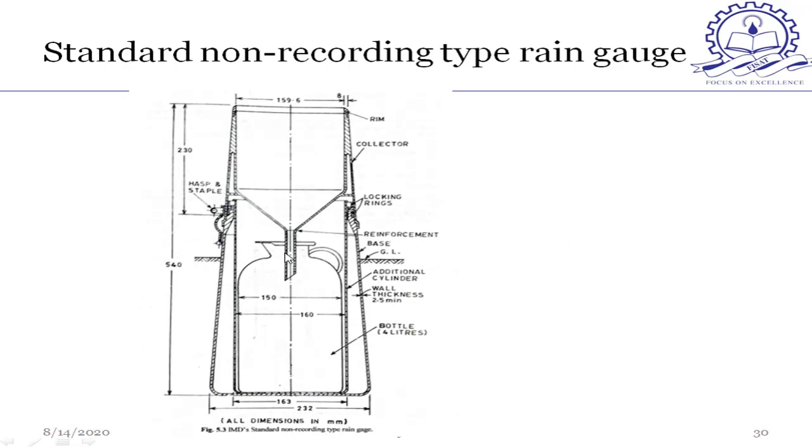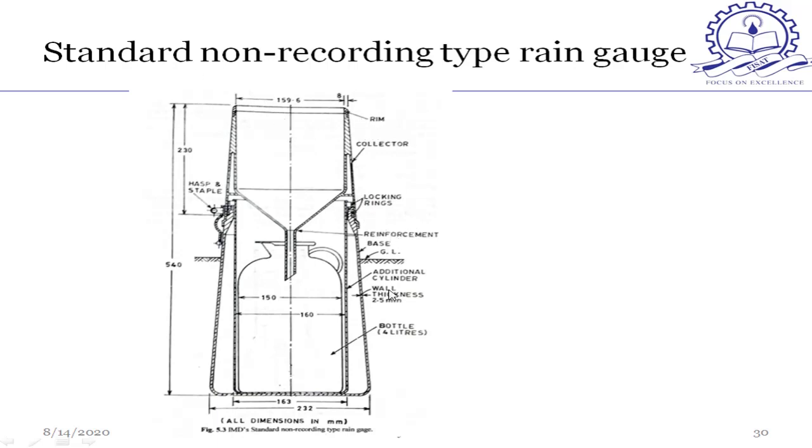The collector has a deep set funnel, and as you can see, the rain gauge is tapering towards the top. The bottle has a capacity of 4 liter. Normally you can use 2 liter, 4 liter or 10 liter capacity. And the top area of 100 centimeter square or 200 centimeter square is used. Here it is 200 centimeter square.